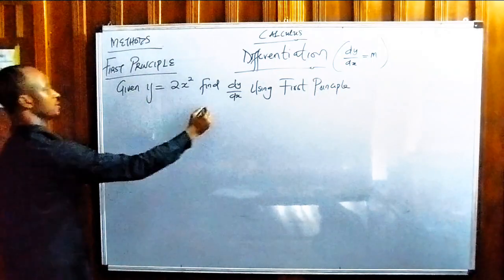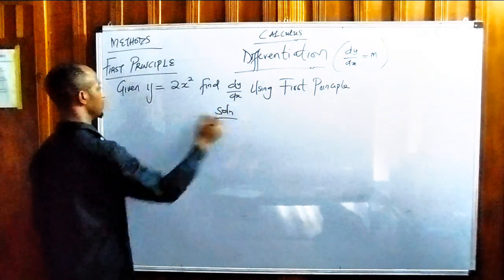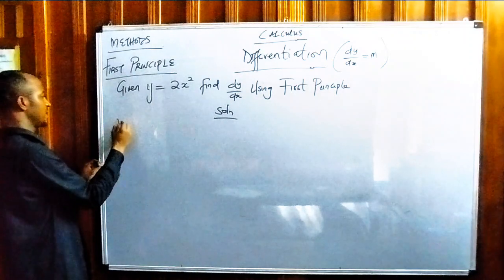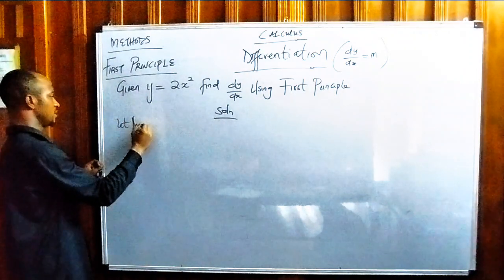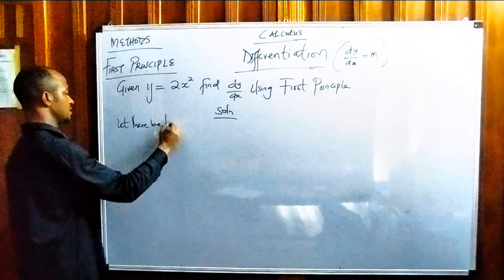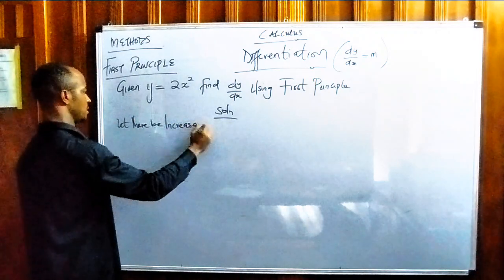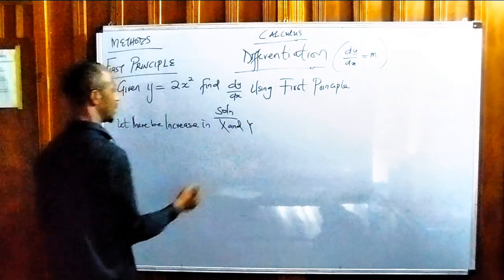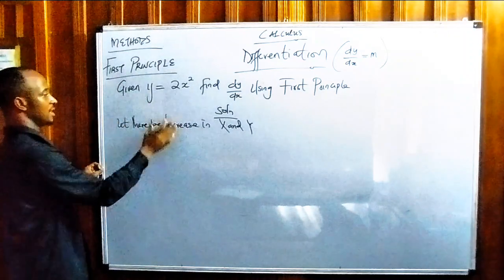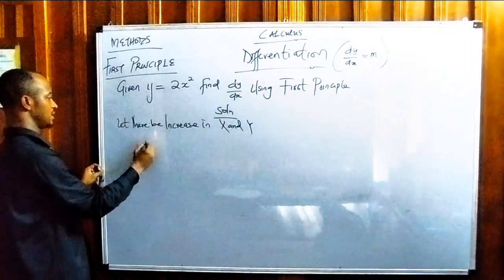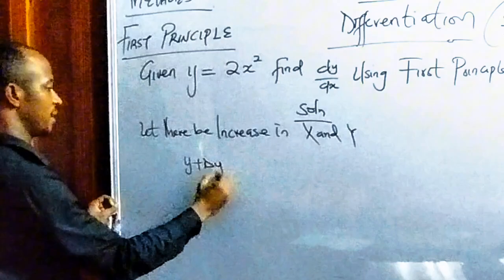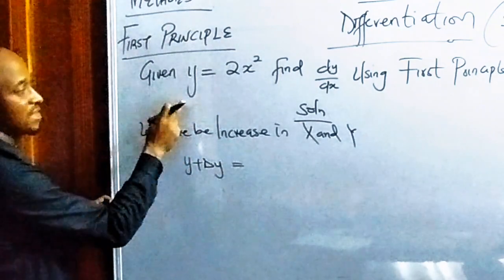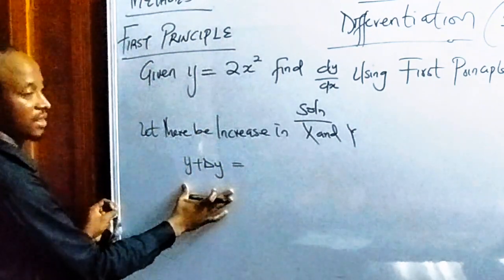For this, our solution becomes: let there be an increase in x and y. Increase in y implies y plus delta y. Here I'm replacing my y with the increase in y.